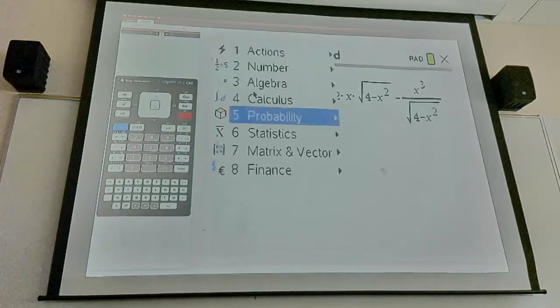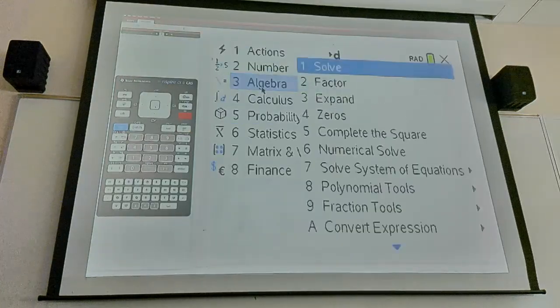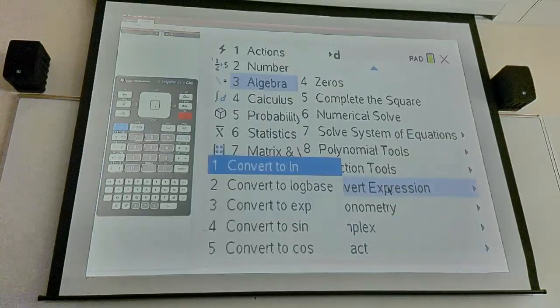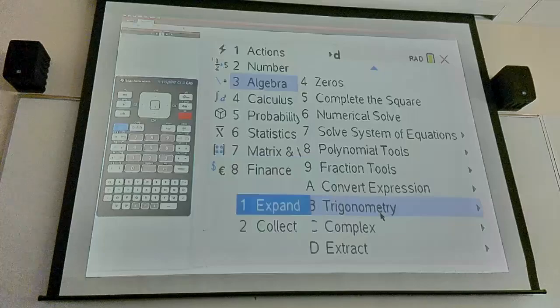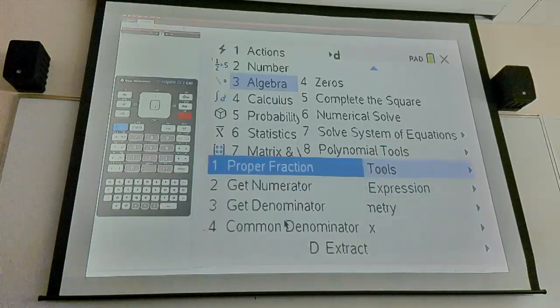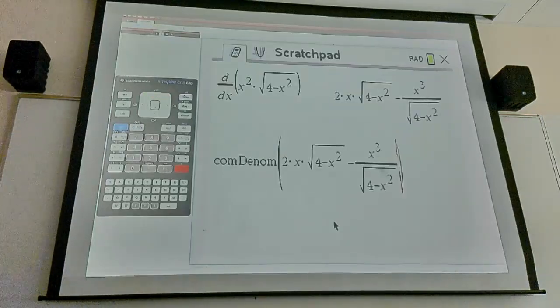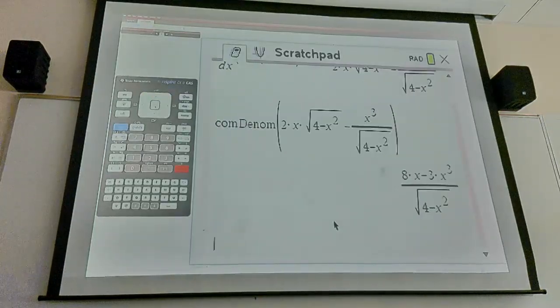Let's just see what this gives me. I'm not hopeful. What's this convert expression? Fractions equals common denominator. I think that's just going to give me what the actual common denominator is. No, it doesn't. Yes. That's what I wanted.